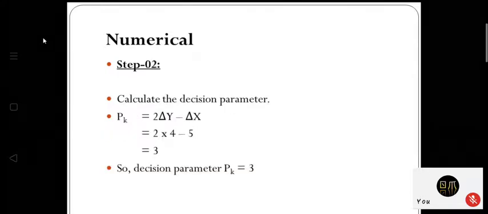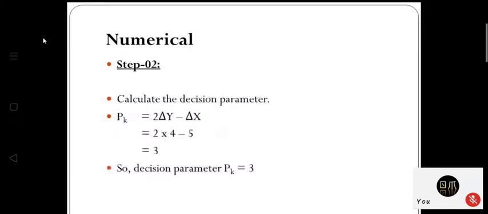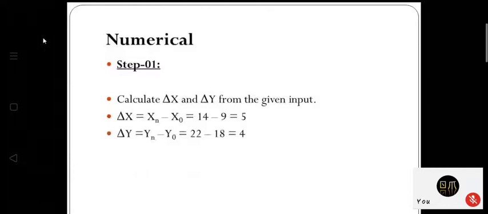Next is step 2, you will compute the decision parameter. The formula is already given to you, which is P of k is equal to 2 delta y minus delta x. So delta y value is how much? It is 4. So 2 into 4 minus delta x, which is 5.